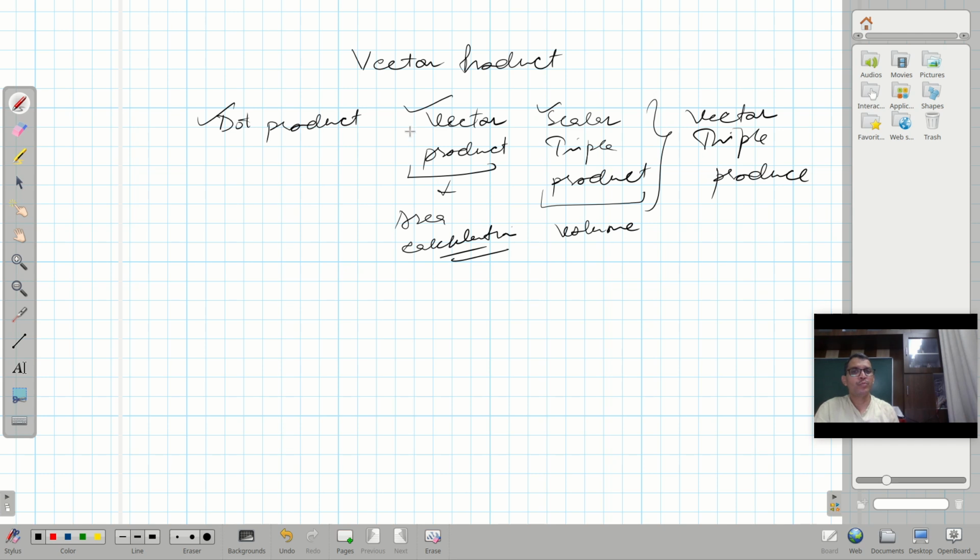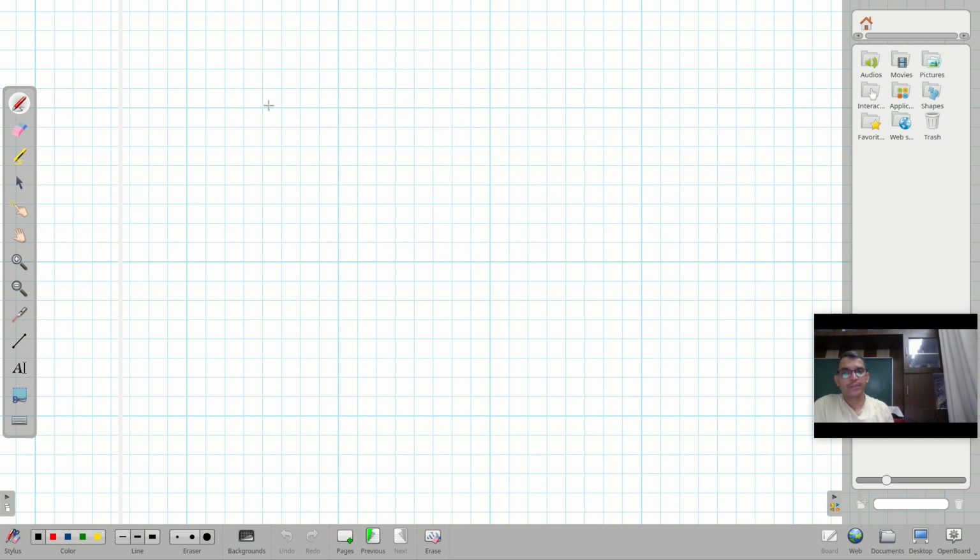So before moving towards vector and the scalar product, let us have a brief review about the dot product. So what is a dot product? This is a very important concept.